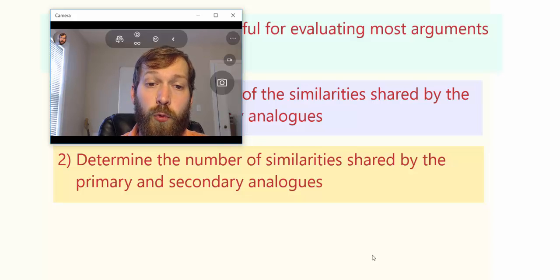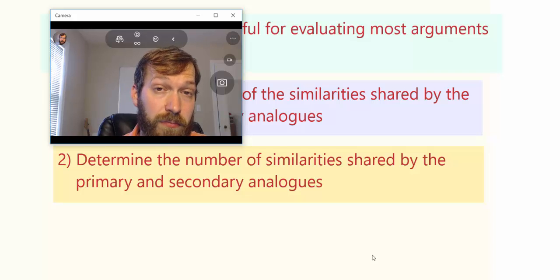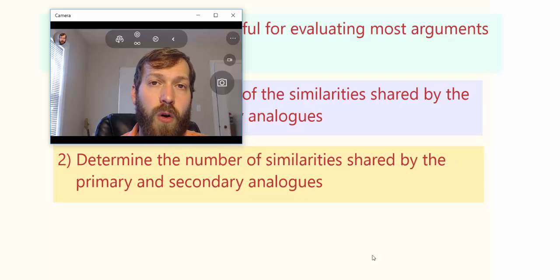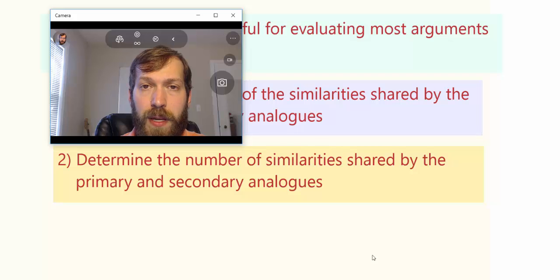So as those similarities increase, and because one has an additional property that we're aware of, the secondary analog becomes more and more likely to also have that same property or trait. So as that number increases, the stronger the argument is. As the number of similarities decreases, the weaker that argument becomes.